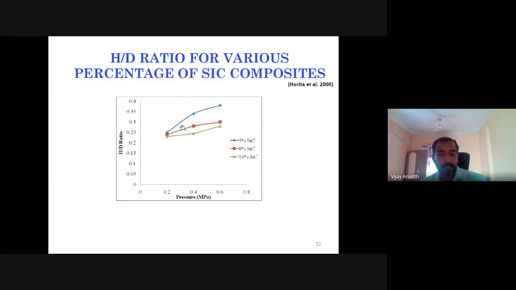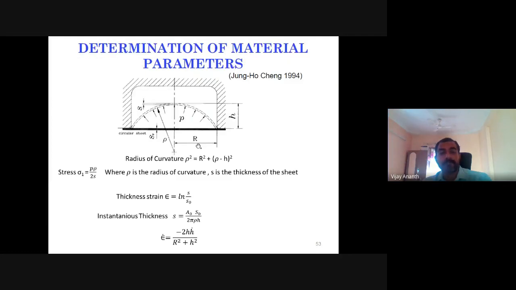H by D ratio means height to diameter. Height is the height of the formed cup, and it is divided by the diameter. This H by D ratio should be more than 3. Only then is it taken as having superplastic forming capability.